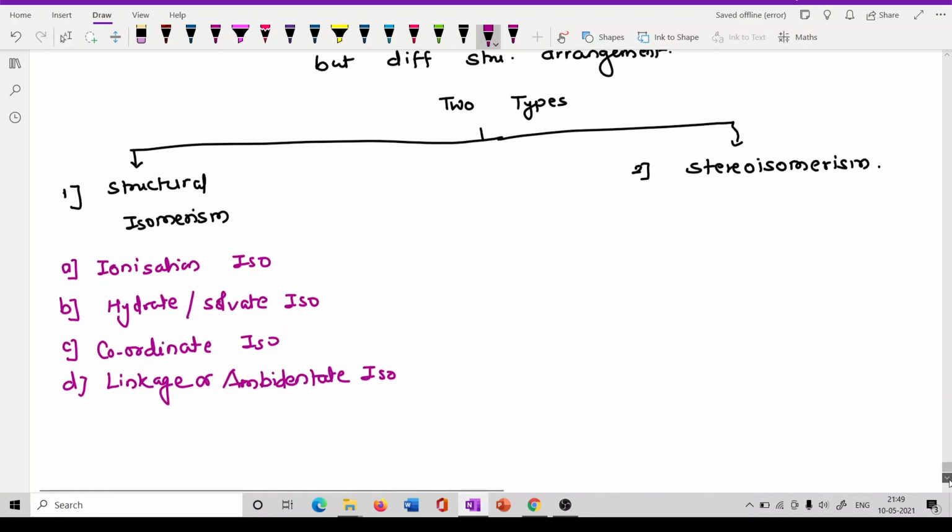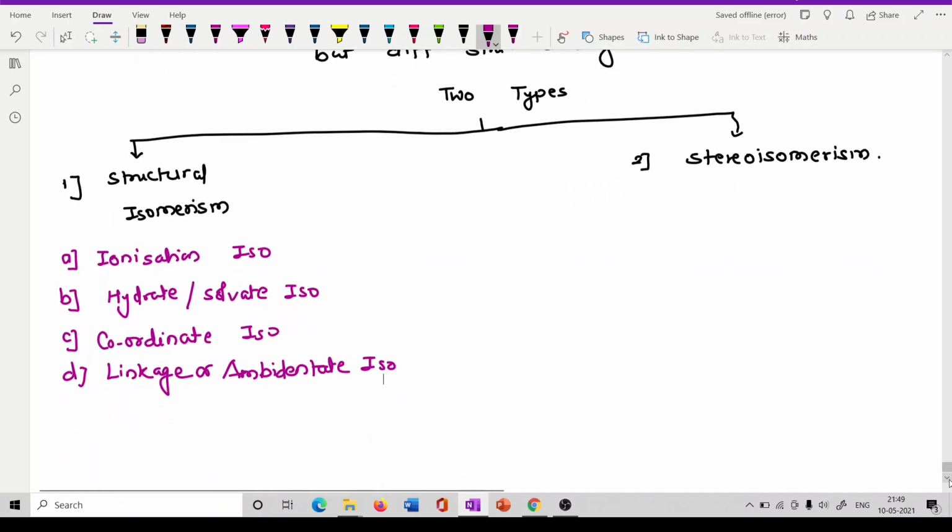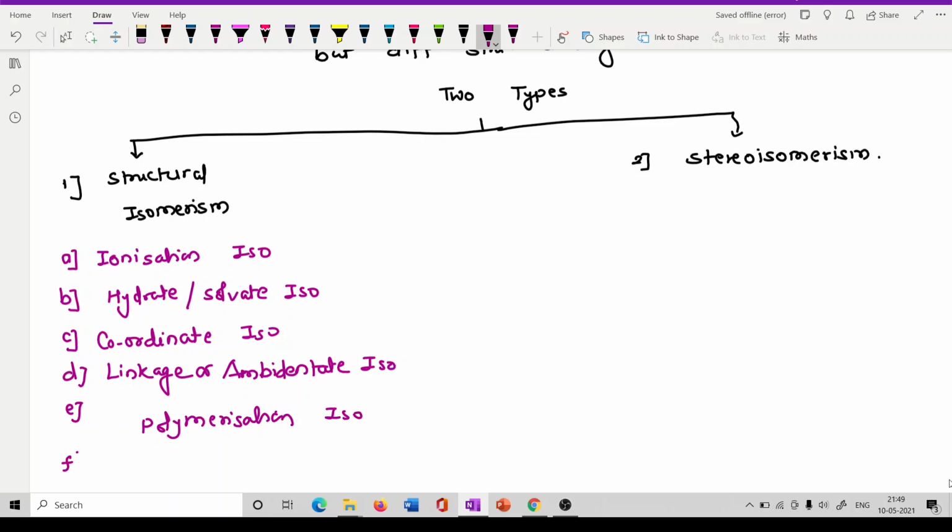And the E part is polymerization isomerism, and the F part is positional isomerism.